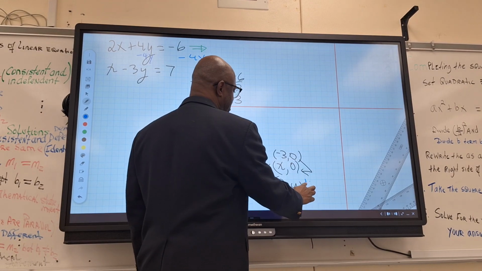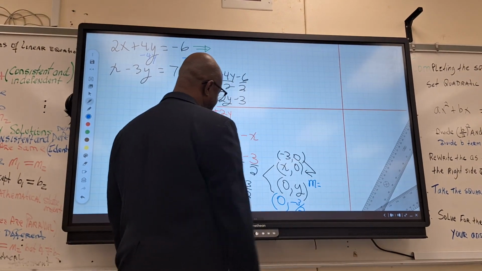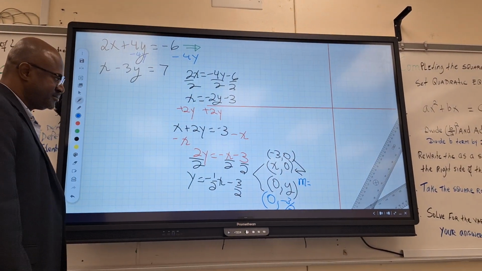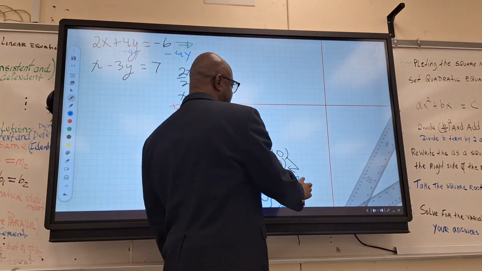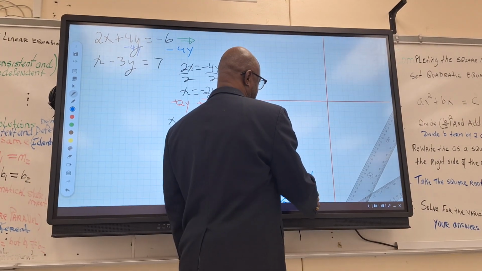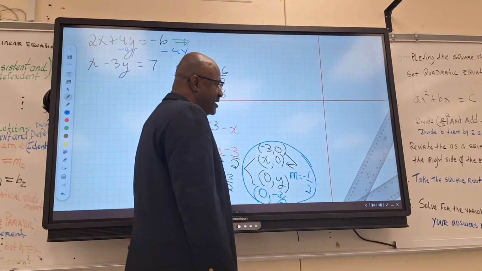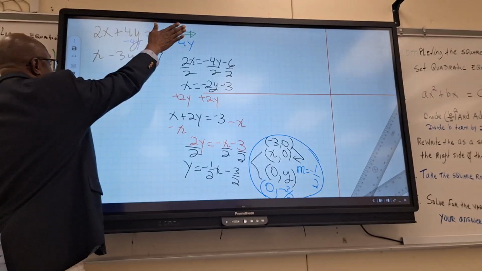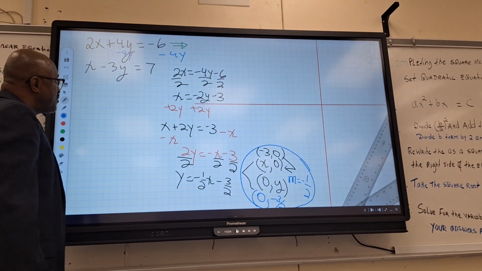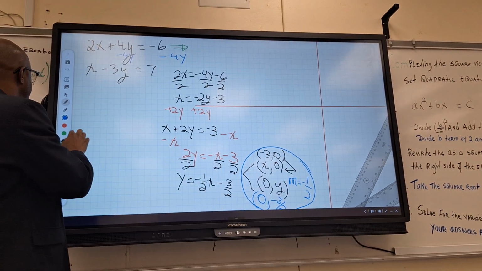And in this case, what will be the slope of this equation? The slope is negative 1 half. Right. Those are the necessary pieces of information that you need to graph a linear equation. Then technically we're done for this one. Then we're going to repeat the process again for the other equation.